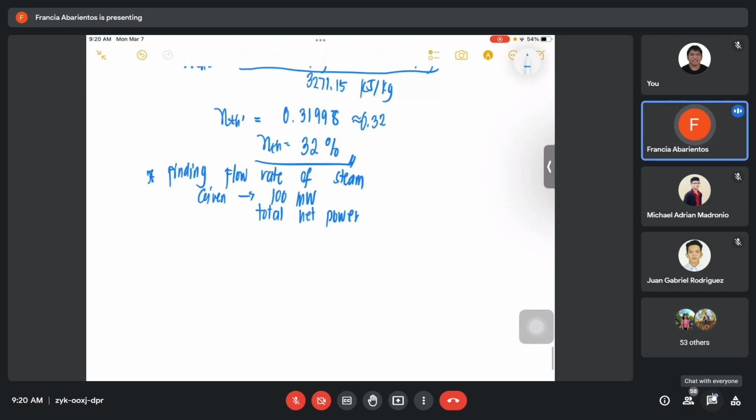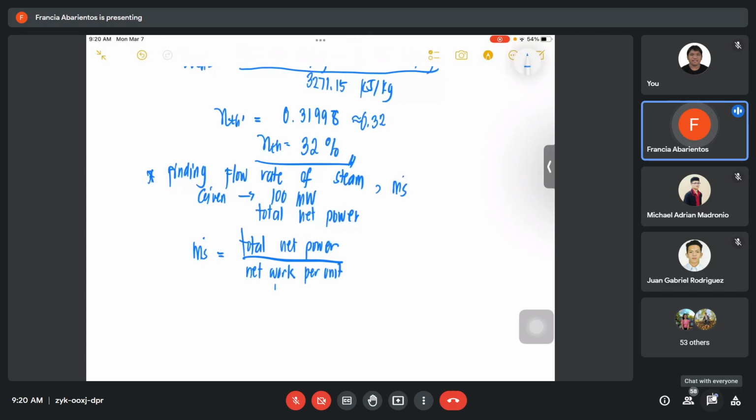Finding for that mass of the steam, kadalasan, CMS na lang. Excuse me. Mass of steam. Pag-given na sa atin to class, ito na, over that is divided by the network per unit mass.